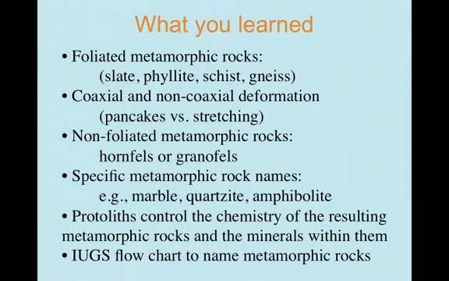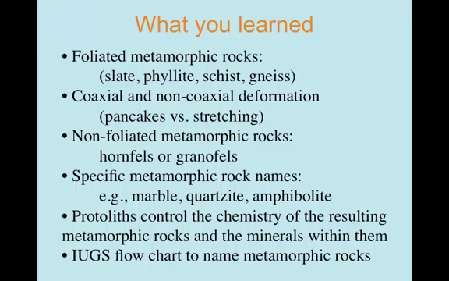I don't expect you to be experts. This is going to take some practice. But try to apply what you've learned in lab, and I'll show you some examples in class before you get started. So what you learned in this module was about foliated metamorphic rocks, whether they're slates, phyllites, schists, or gneisses. I told you about coaxial and non-coaxial deformation. Think pancakes versus stretching.